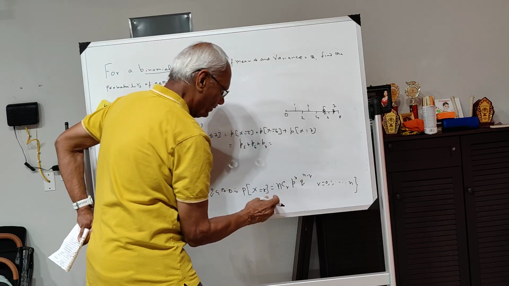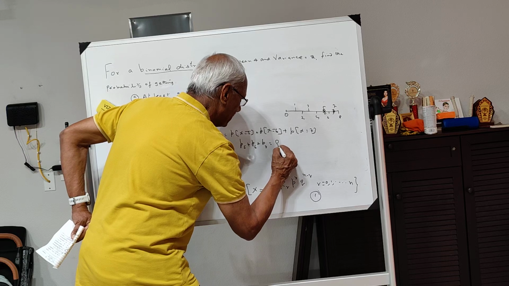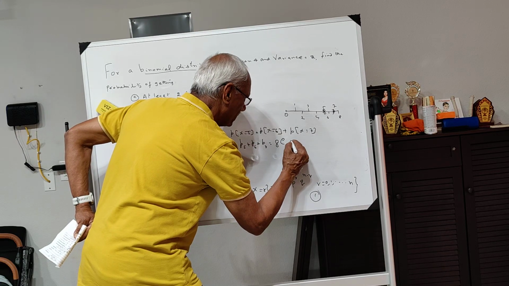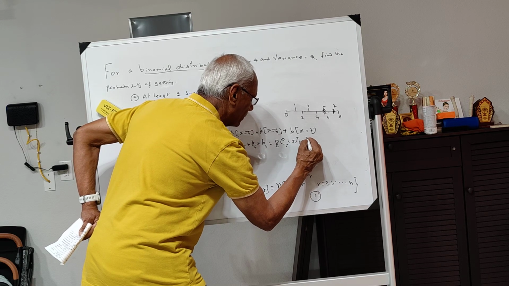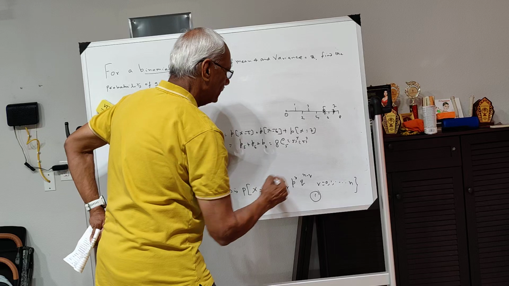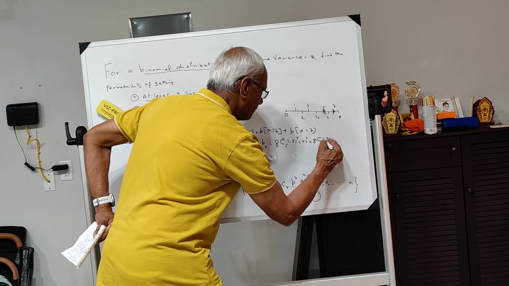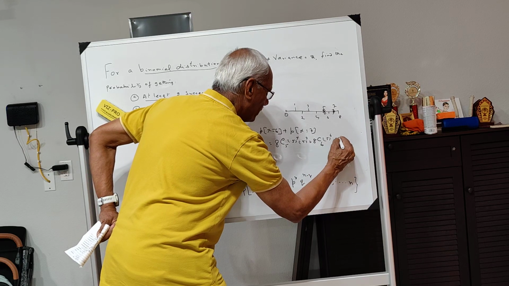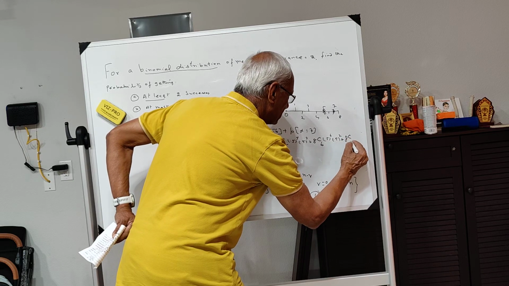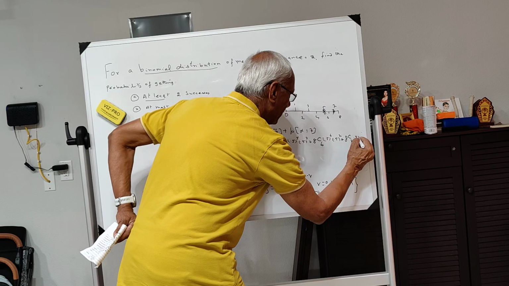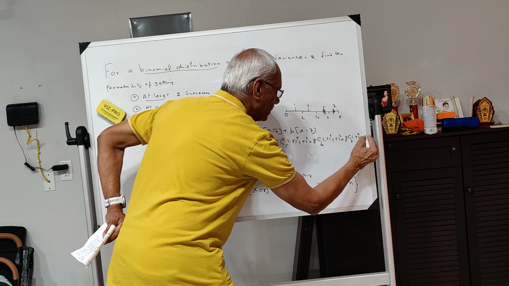So this will be equal to, using 1, I'll call this as 1, 8C5 into 0.5 to the power of 5 into 0.5 to the power of 3, plus 8C6 into 0.5 to the power of 6 into 0.5 to the power of 2, plus 8C7 into 0.5 to the power of 7 into 0.5 to the power of 1.